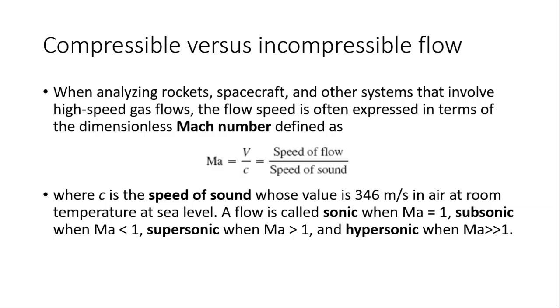So if the Mach number is equal to 1, we consider it sonic, and if the Mach number is less than 1, this is considered as subsonic. On the other hand, if the Mach number is greater than 1, then this is considered as supersonic.